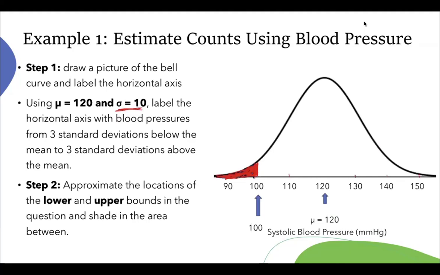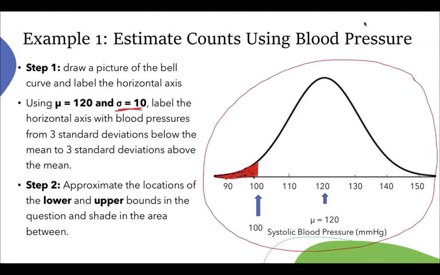Okay, before I go to the calculator, I want to just identify the size of this either population or sample. We were told that it represents 850 people. So the entire bell curve is 850. If the entire bell curve is 850 and the question is only asking us about this shaded portion, then the size of this shaded portion is clearly going to be something less than 850.